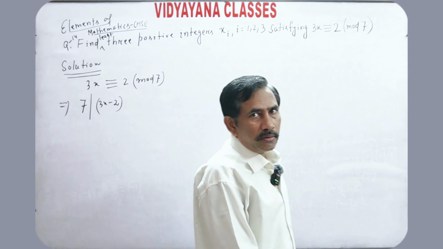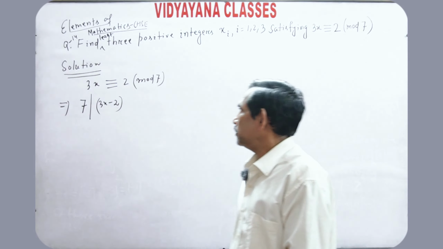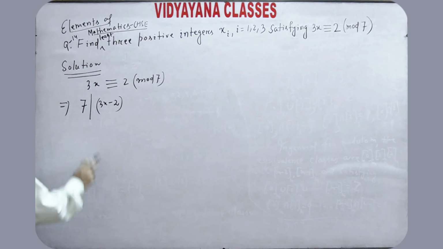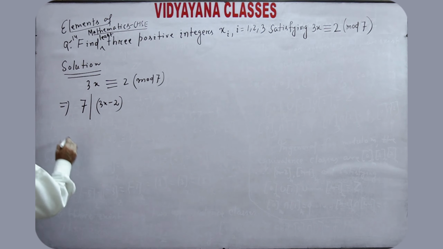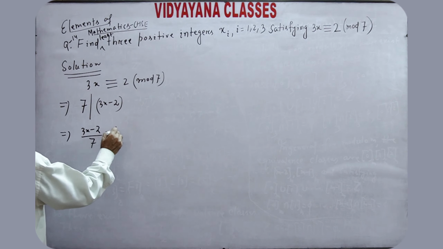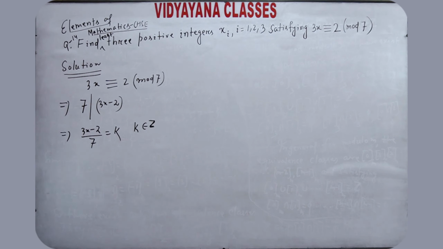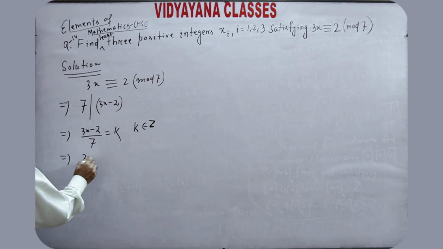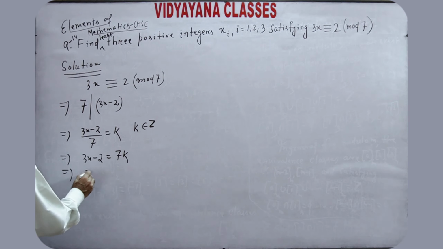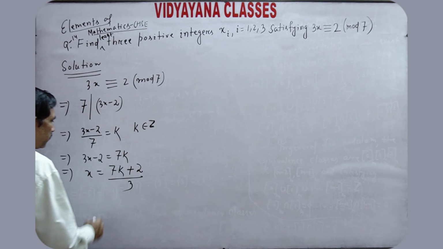A congruent to B modulo m implies m divides a minus b. Here a is 3x, b is 2. 7 divides 3x minus 2, which implies 3x minus 2 by 7 is equal to k, where k belongs to Z set, which implies 3x minus 2 is equal to 7k, which implies x is equal to 7k plus 2 by 3.